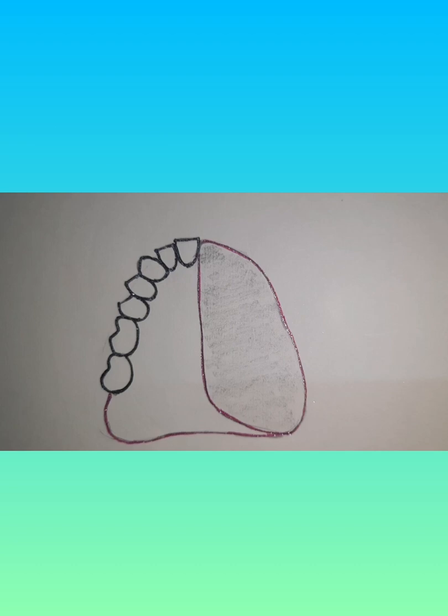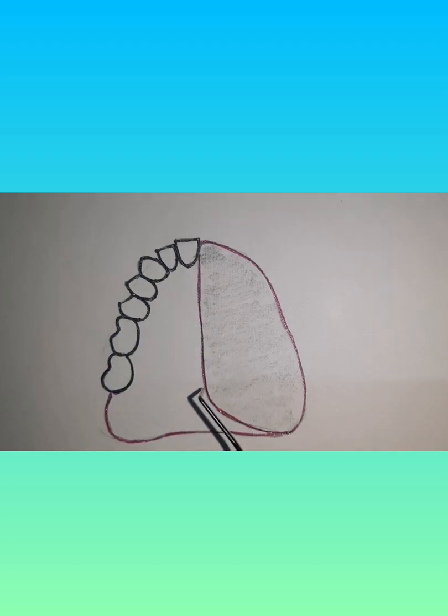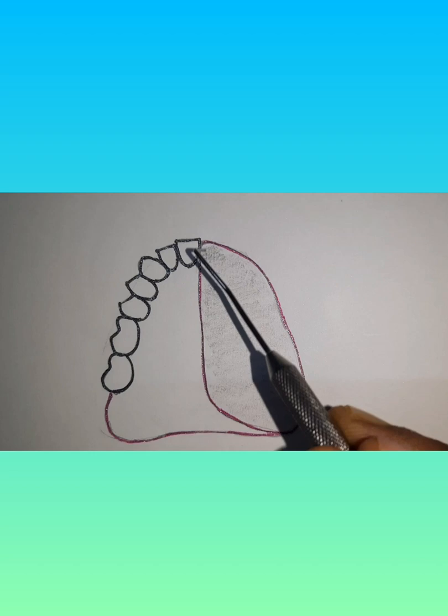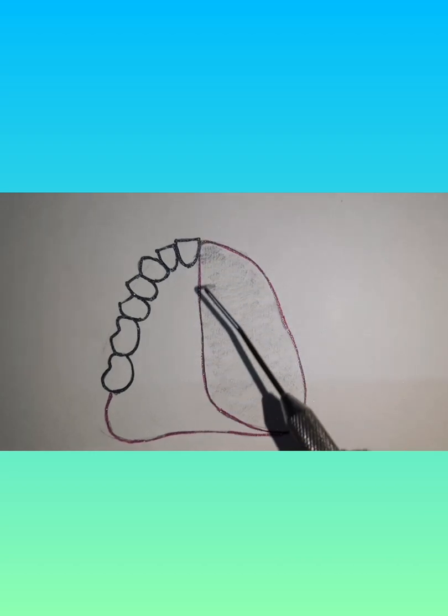The class 1 defect is basically a resection which is done along the midline of the maxilla, as you can see, and the teeth are maintained on the other side. So the teeth on the other side are intact, whereas you have a surgery from the midline which includes all the hard tissues and the soft tissues. This is one of the most common maxillary defects which we see.